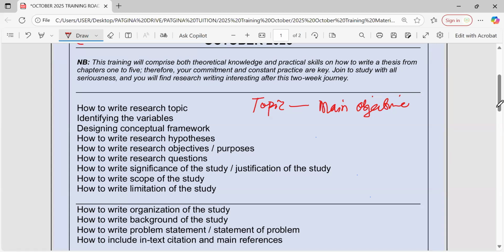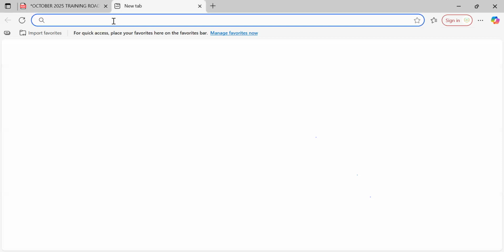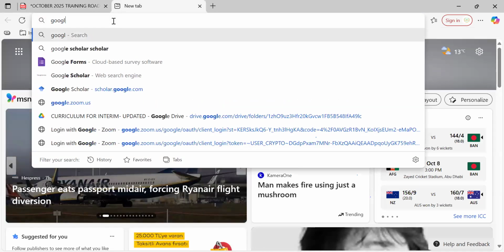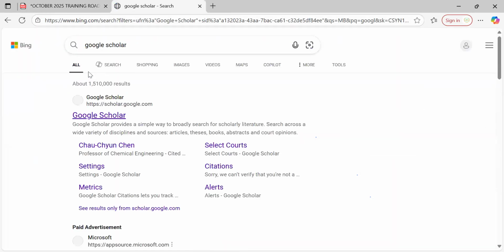In fact, before somebody writes a thesis, the person must read about other people's work. And you are going to read all of them from Google Scholar. So in our studies, we are going to handle Google Scholar.